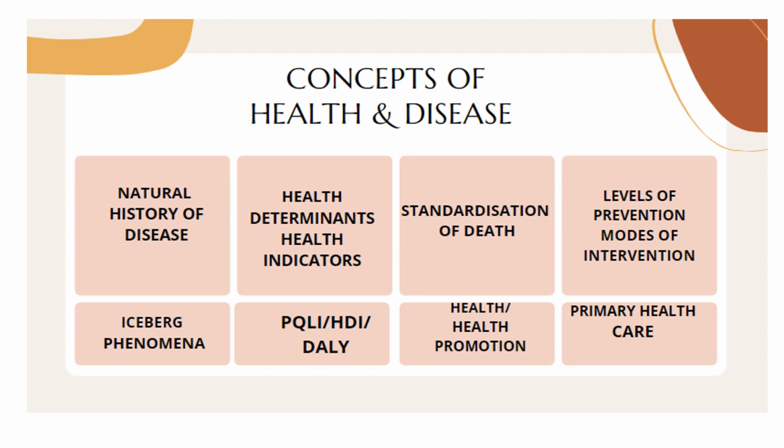So in this particular chapter, the natural history of disease, the health determinants, the health indicators, standardization of death, this often comes as a short note, and sometimes in the practicals also, levels of prevention and modes of intervention at each of these levels.